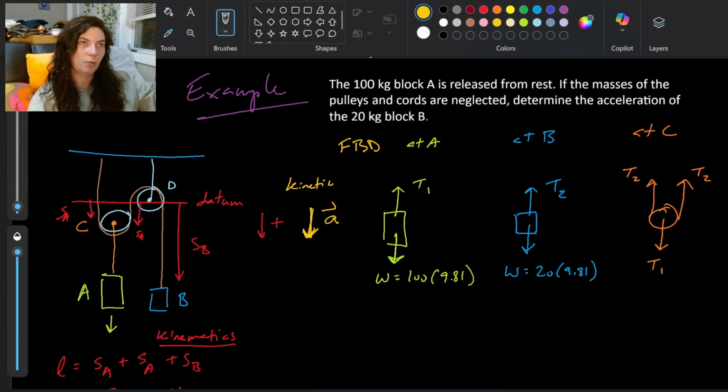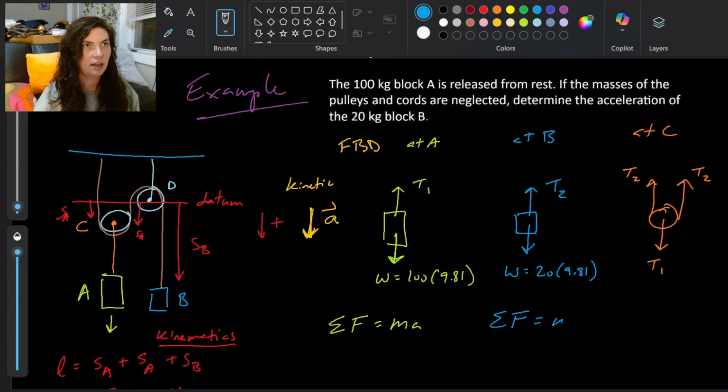We're going to take that and work with it in each of these individual case scenarios. Because we have 3 separate free body diagrams, we can create 3 separate uses of our equations of motion. So I can have, for A, my sum of forces equals mass times acceleration. I can do the same thing at B, and I can do the same thing at C.